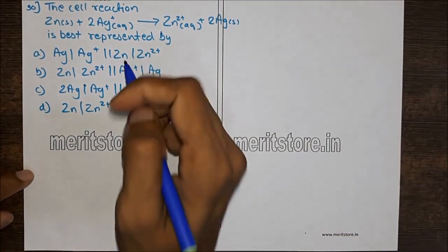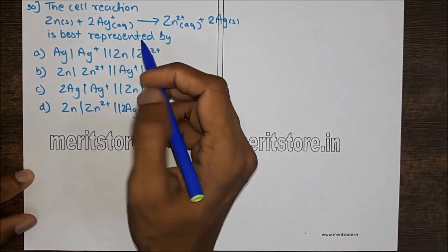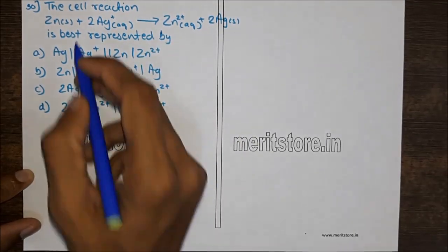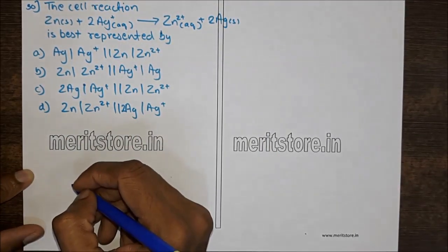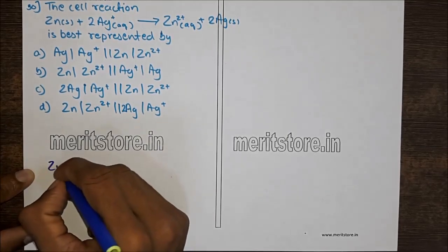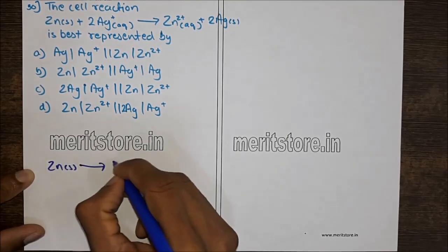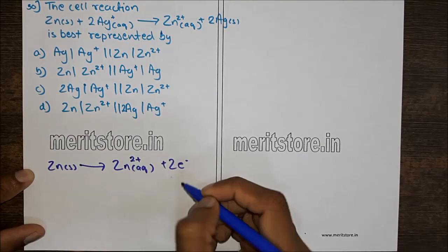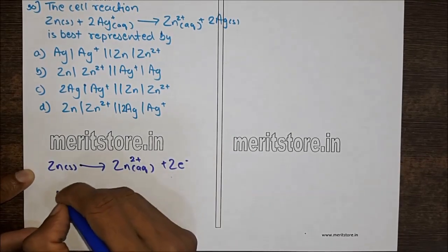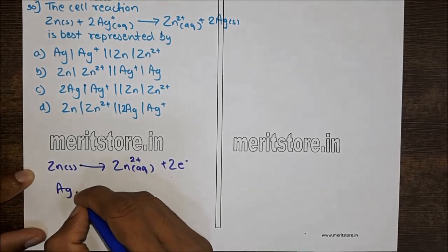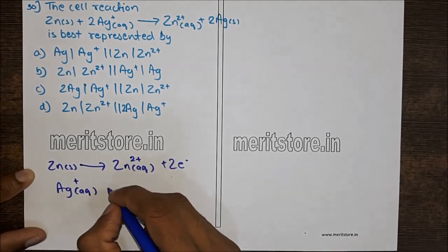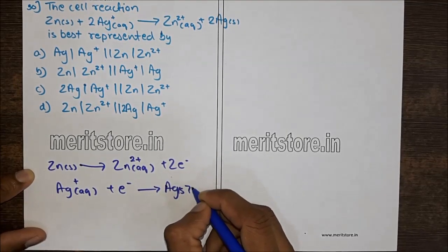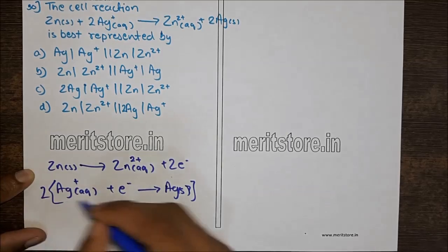Question 30. The cell reaction given over here is represented by, we are given four options. So the cell reaction given can be written in two half cell reactions, which are zinc as a solid form, and for silver, where we can multiply throughout the equation with 2.